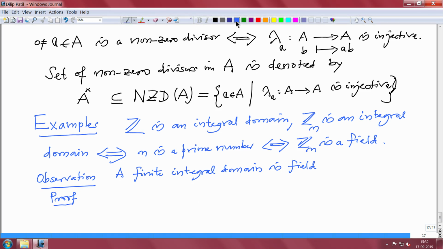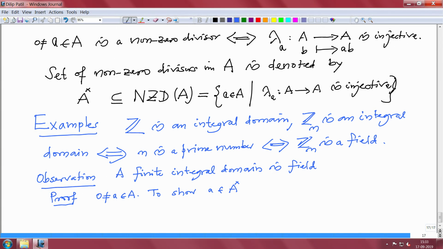Okay, so proof of this. Suppose A is a finite integral domain. We want to show that every non-zero a belongs to A cross, because a ring is a field if and only if the unit group is the maximum one, that is, all elements except 0.